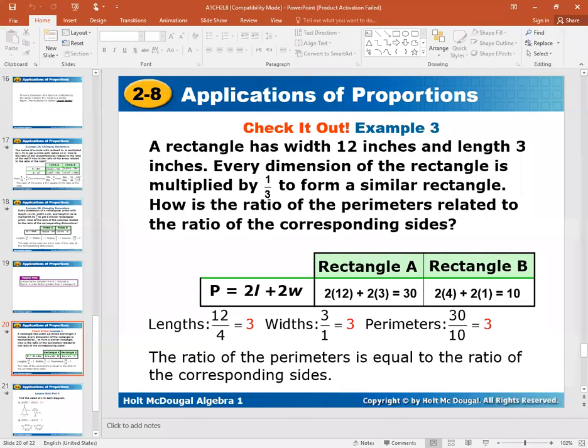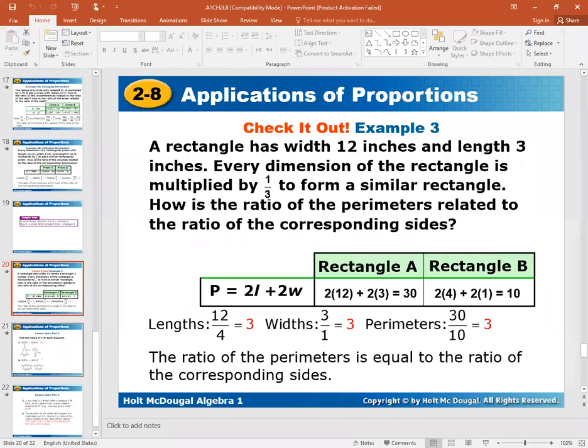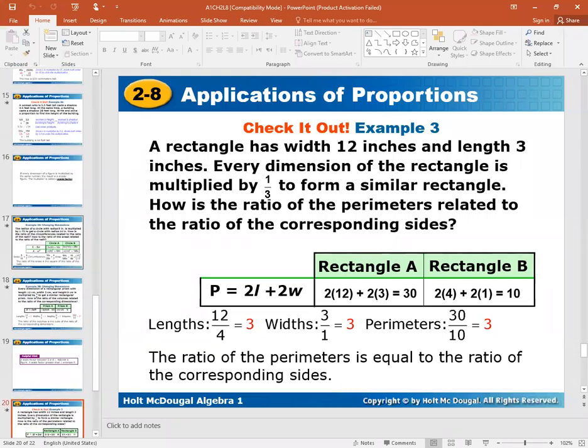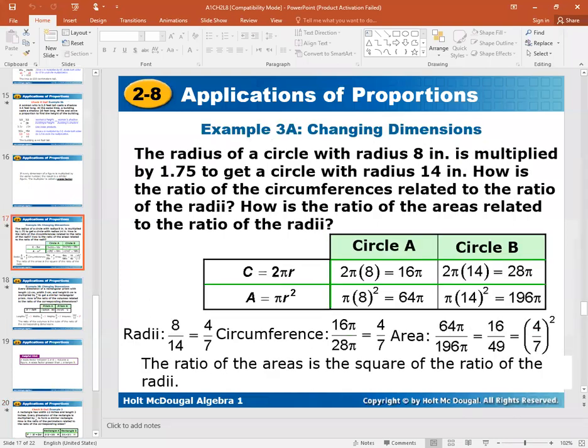We said that the ratio between two parameters is the same as the ratio between two corresponding sides. This is another question. We want to know the ratio between the two corresponding sides and the circumference and the area.